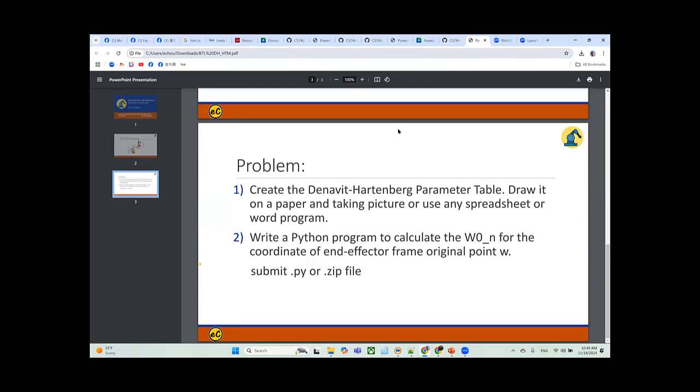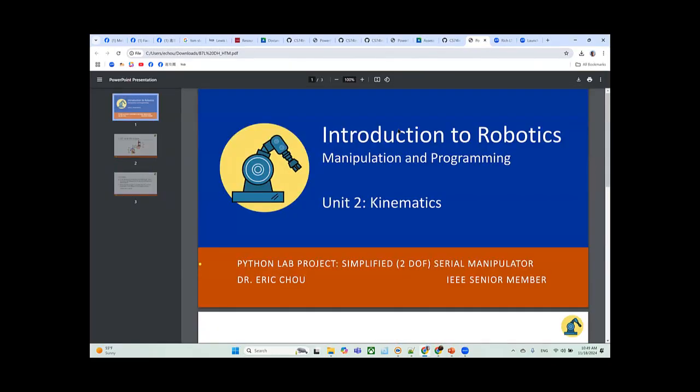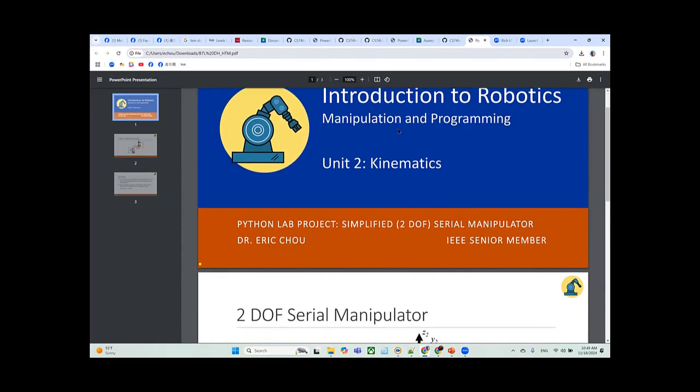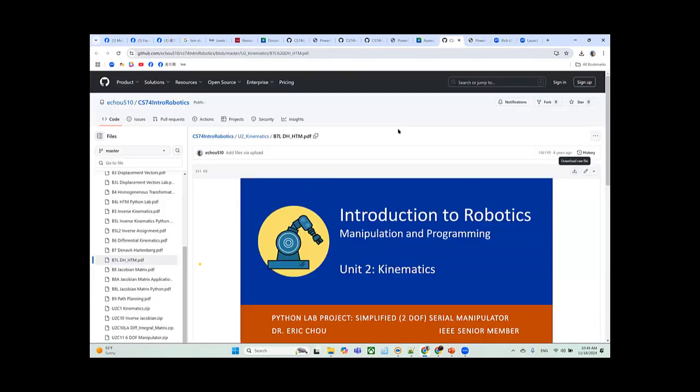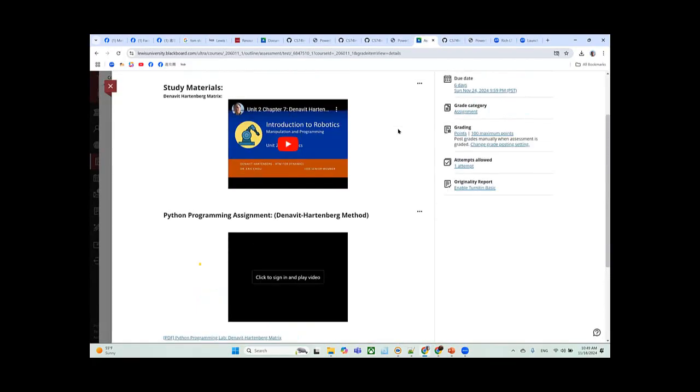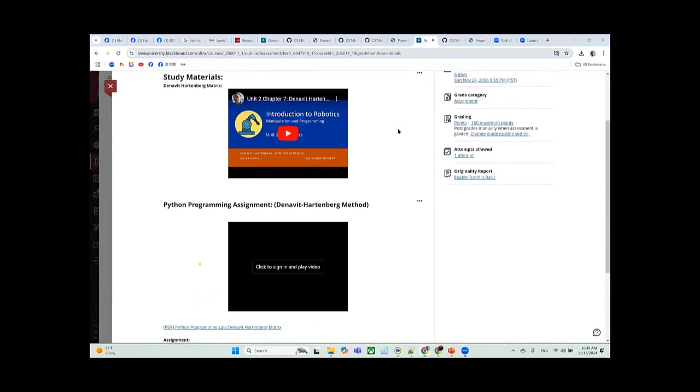So this homework is working on the calculation of the Denavit-Hartenberg matrix, okay? That actually is over here. You need to study this video on how to calculate the Denavit-Hartenberg matrix.